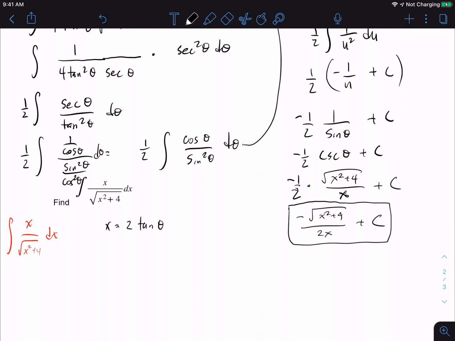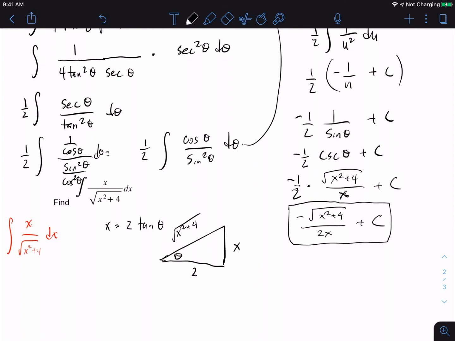Agreed? So the triangle that we have again is the same triangle that we had in the previous problem, which is going to be opposite over adjacent, and the hypotenuse is going to become the square root of x squared plus 4. So that's the triangle that we're going to have. Again, it's the same triangle.